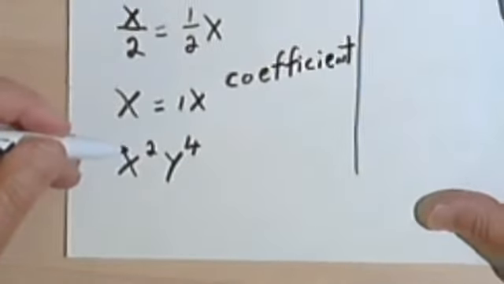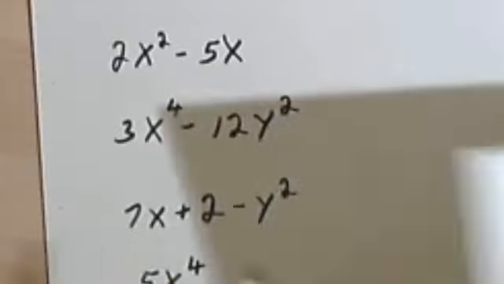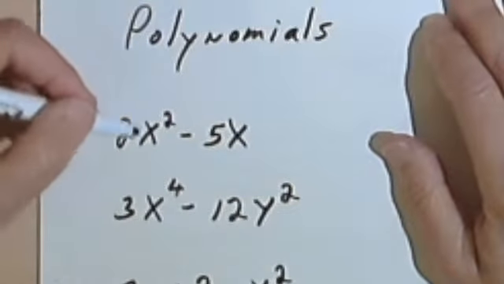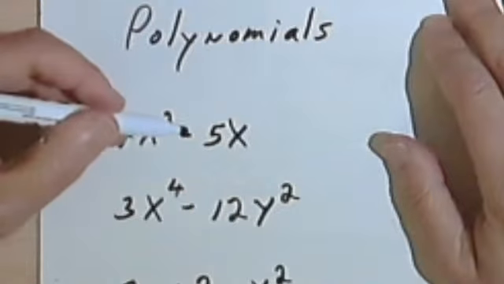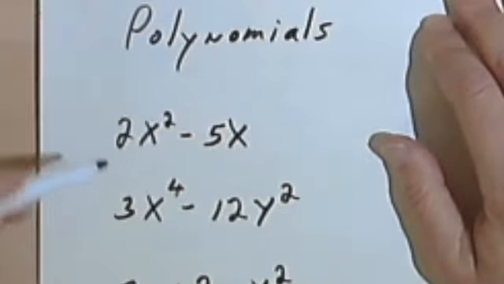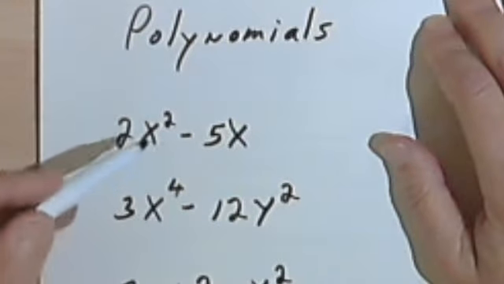Okay, now that you've got some idea of what a monomial is, let's go on to polynomials. So a polynomial is nothing more than one or more monomials that are added together, or added or subtracted. So here we have 2x squared. 2x squared is a monomial.